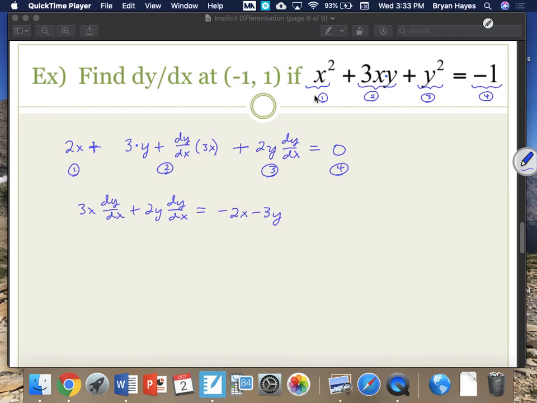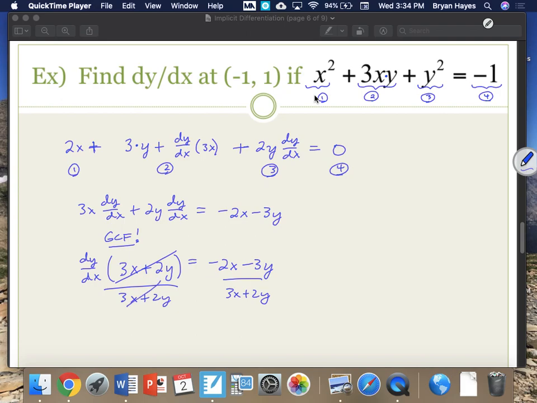We subtracted the 2x from left to right, subtracted the 3y from left to right. And now we're going to go GCF. Here's where we're going to get those multiple dy dx's to magically turn into 1. 3x plus 2y is negative 2x minus 3y. Okay. So we're going to divide out that 3x plus 2y there. I'll actually show that in this step. Get those to cancel, and here's our derivative.